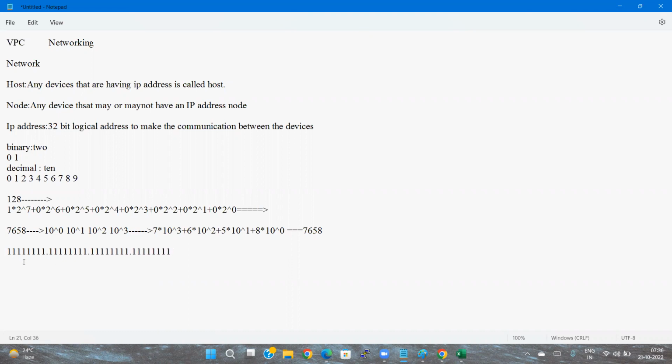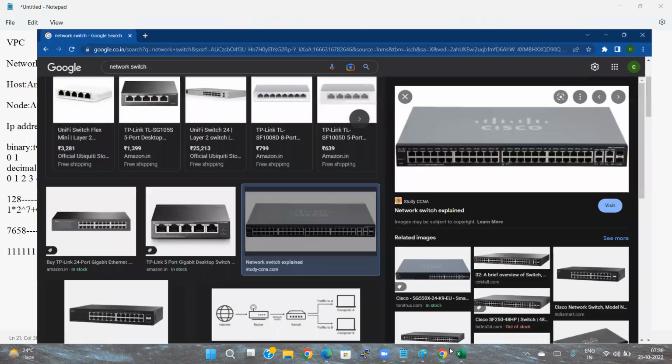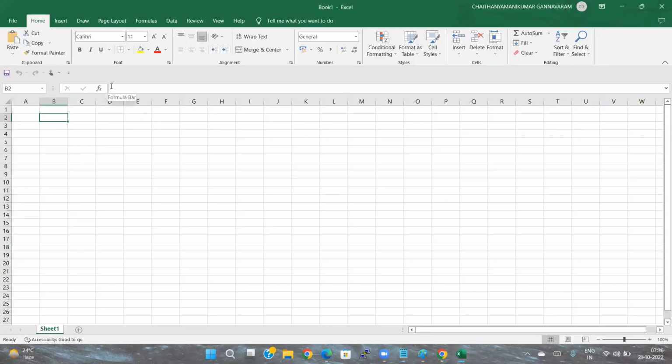Now in each octet you have 8 bits, which means, let me show you, 2 to the power of 7, 2 to the power of 6, 2 to the power of 5, 2 power 4, 2 power 3 or 2 cube, 2 square, 2 power 1, and 2 power 0.